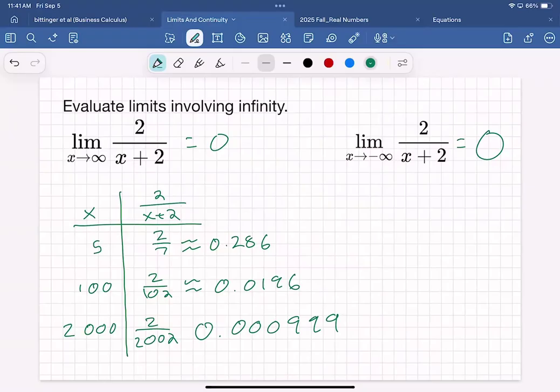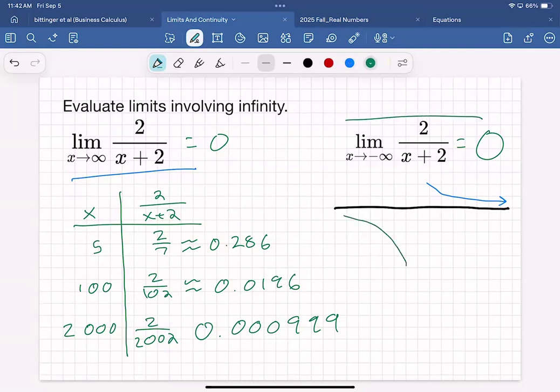Yes, they might be negative, but all you're seeing there is if I look at the x-axis, on the right-hand side, when we consider this, we're approaching like this. But we'll never actually get there. On the left-hand side, when I look at this one, we're approaching like this. Okay, but we're still approaching zero.